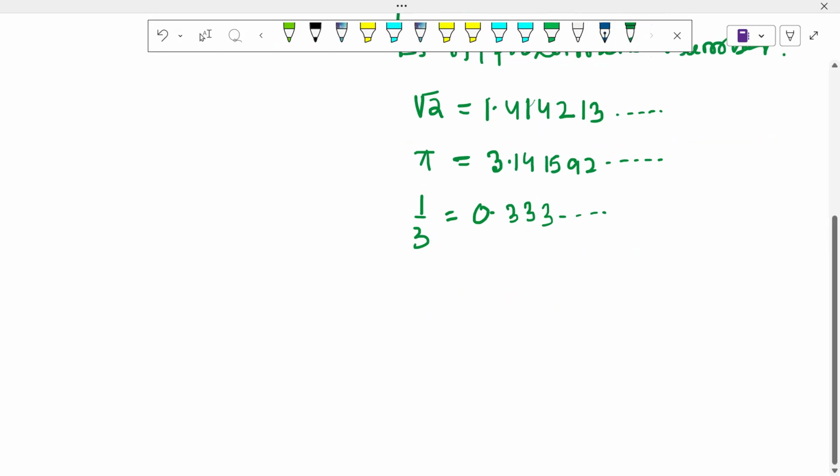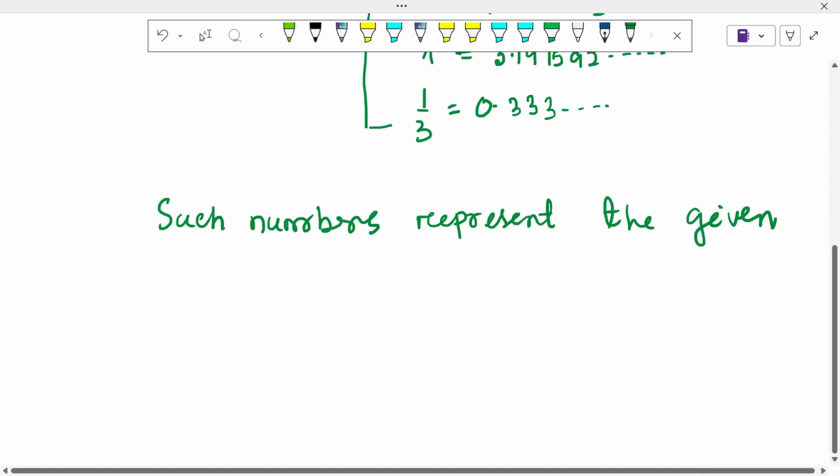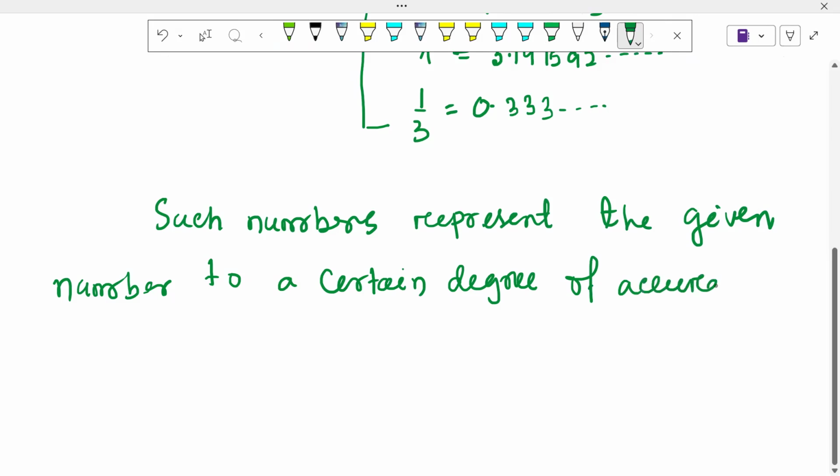Such numbers, whatever we have written here, represent the given number to a certain degree of accuracy, known as approximate numbers.